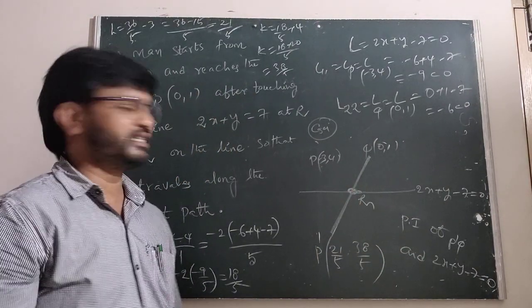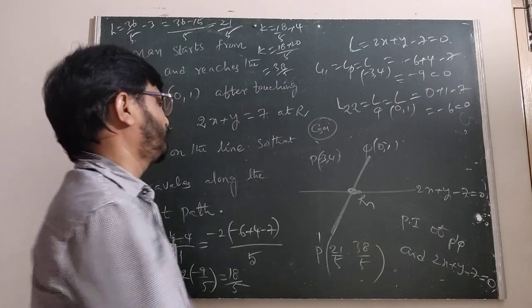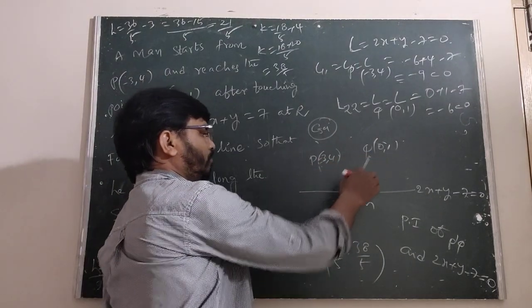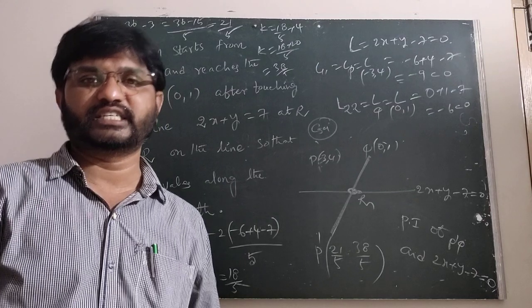Here the shortest distance is PR plus RQ. The path means PR plus RQ is the shortest distance.